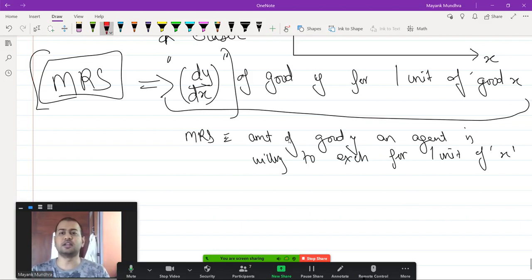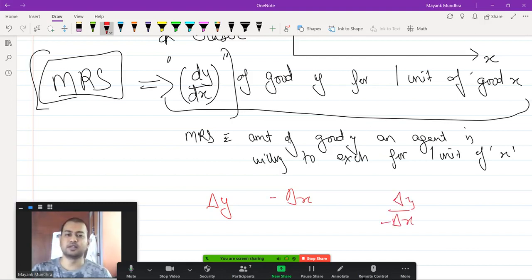So generally either delta y or delta x is going to be negative, so delta y by delta x is definitely going to be negative. So we put a negative sign in front of it to make the quantity positive overall.